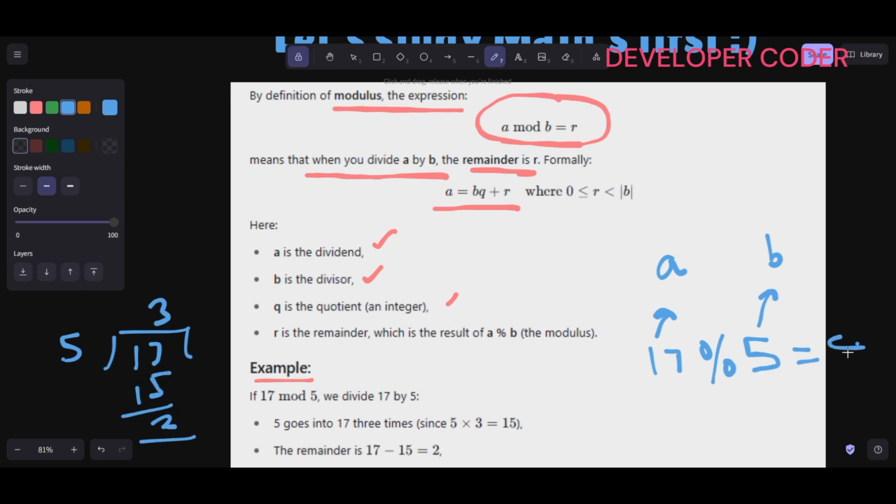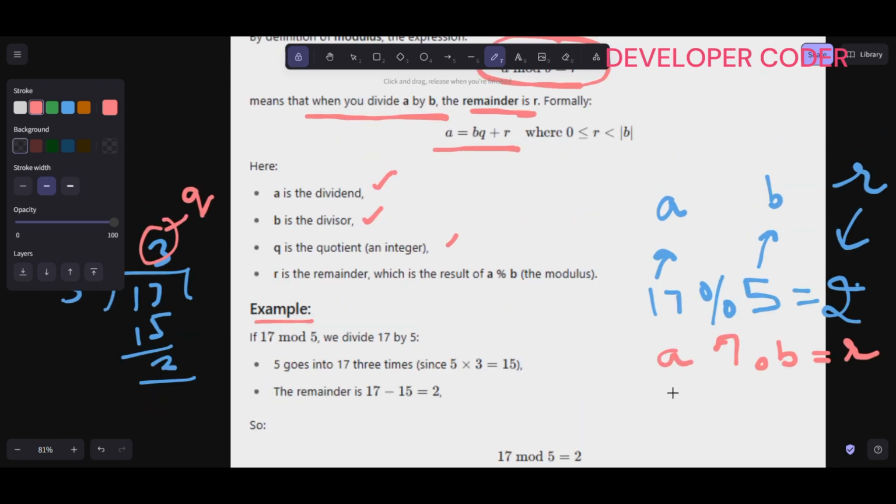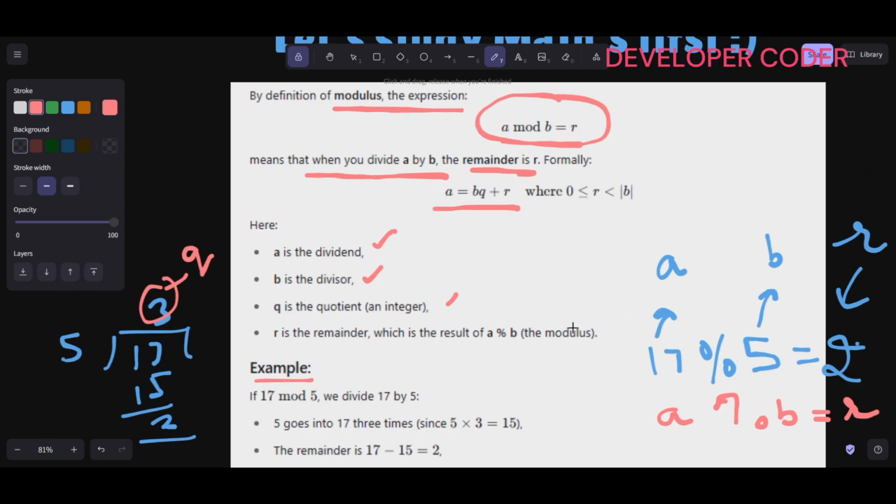And here q is the quotient. So this equation, a mod b equal to r, I can write in the same way: place a here, the value is 17, b is 5, and q is the quotient, so 5 times 3 plus r is 2.